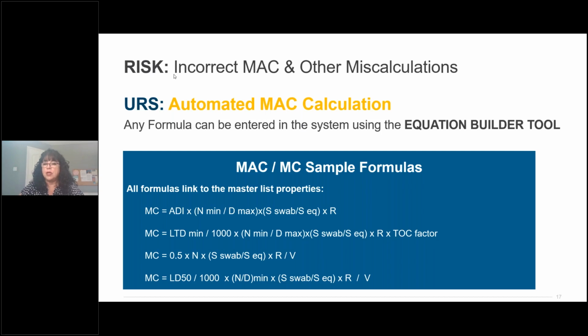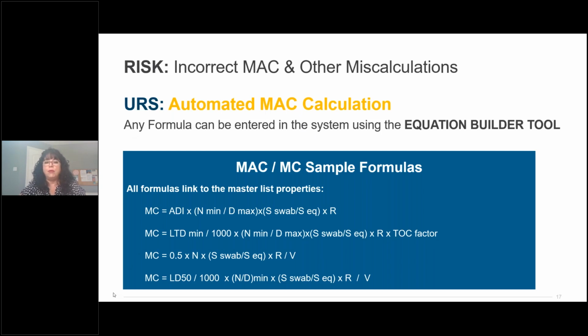Currently, MAC calculations are time consuming. They can take days, sometimes a week to do. The system automates all of these calculations, for each sample point and for all methods. Formulas can be added to the system and parameters are automatically selected from the master tables.